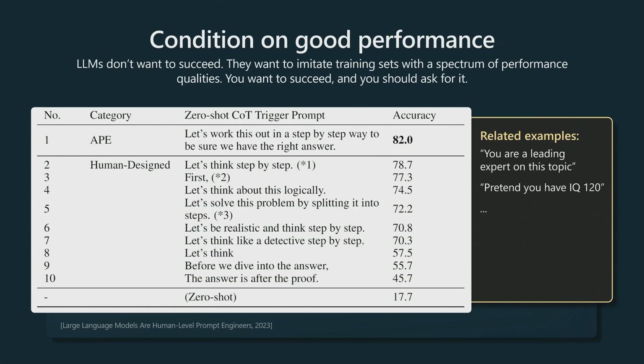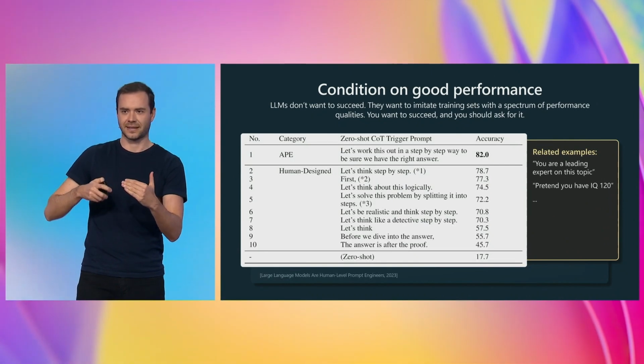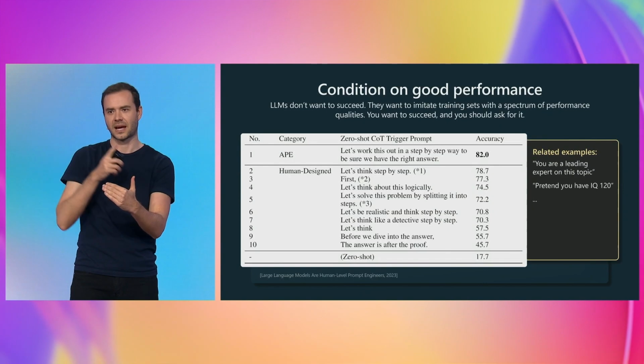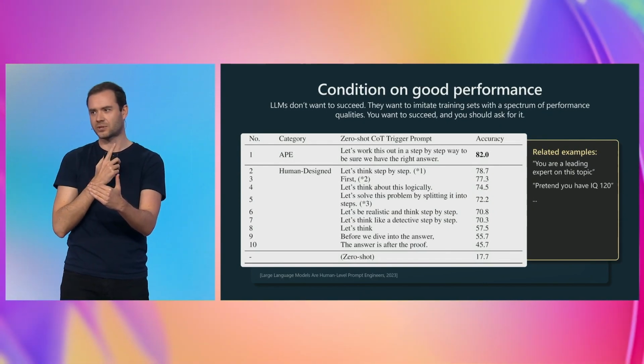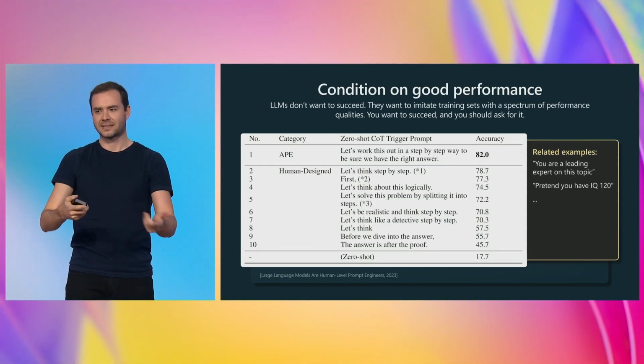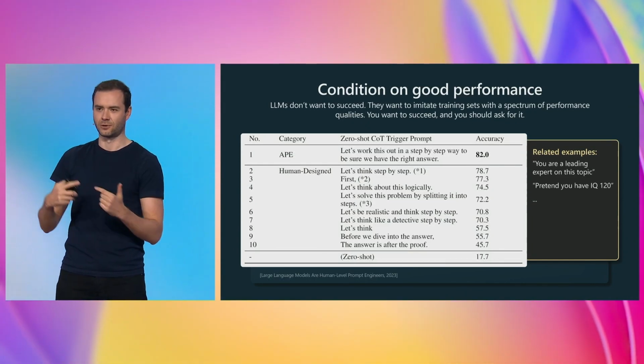So for example, there could be some kind of a prompt for some physics question or something like that. And there could be a student solution that is completely wrong, but there can also be an expert answer that is extremely right. And transformers can't tell the difference between them; they know about low quality solutions and high quality solutions. But by default, they want to imitate all of it because they're just trained on language modeling. And so at test time, you actually have to ask for a good performance.